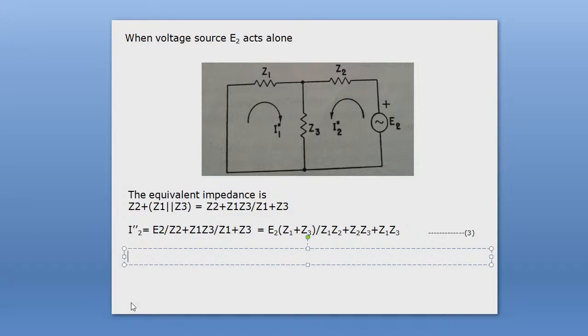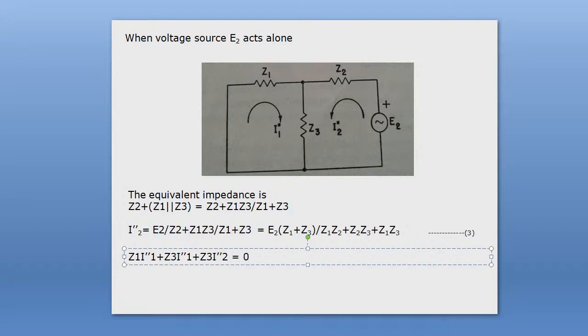We can write the KVL or mesh equation for this loop: Z1 I1 double dash plus Z3 I1 double prime plus Z3 I2 equal to 0.